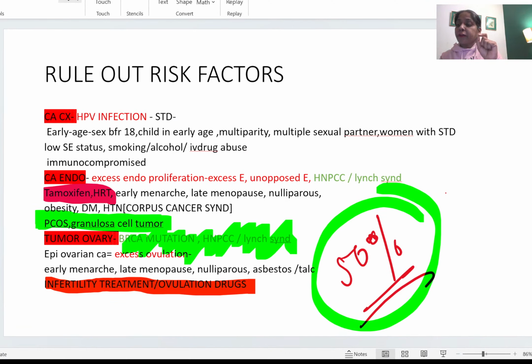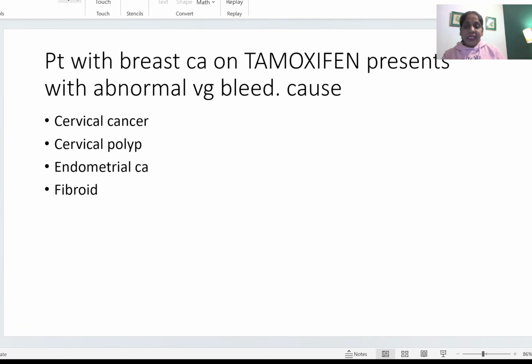If you get a patient of menometrorrhagia, a 55-year-old female, you will suspect CA endometrium, then you will rule out endometrial proliferation factors. And if you get a patient with an abdominal mass, then you will rule out BRCA mutation and the ovulation factors. Clear?